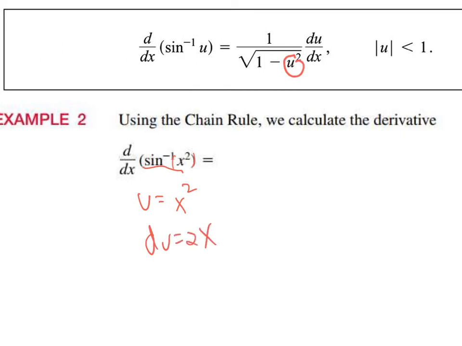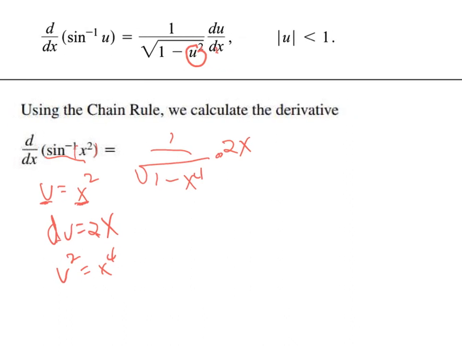So if I just plug in my answer here, it should be 1 over the square root of 1 minus, now be careful, u is being squared. This u is not squared. U squared would be x to the 4th, times du, which is 2x.